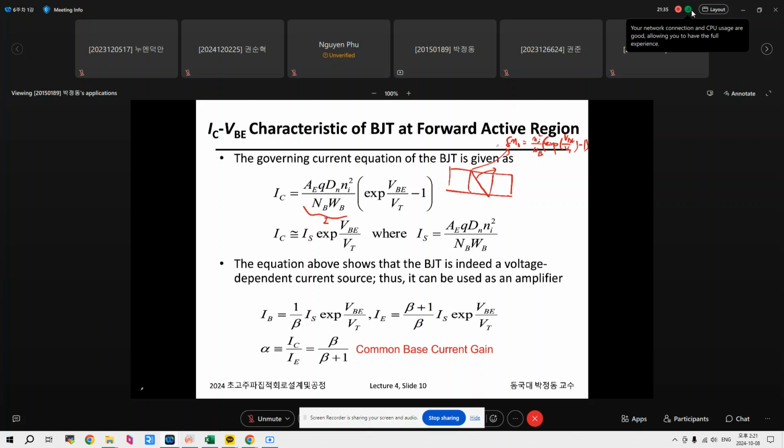And also, this is a function of minus x and WB, right? So exactly speaking LB, right? So here x is what? WB, right?